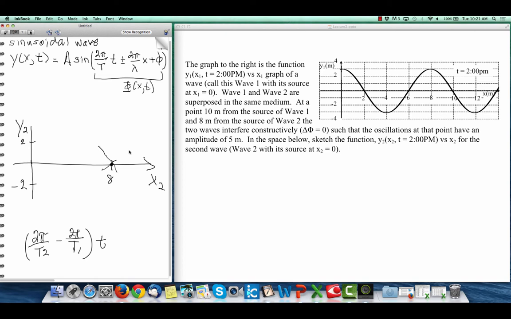Anyone think it's the second one? You want the wavelength to be the same. You want this at 0 at 8. And you want a peak to be showing up pretty soon, so that this peak shows up at 10 at the same time that this peak shows up at 8 and gives you a big result.